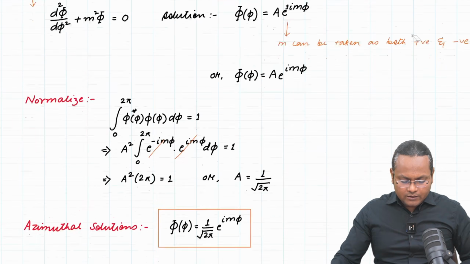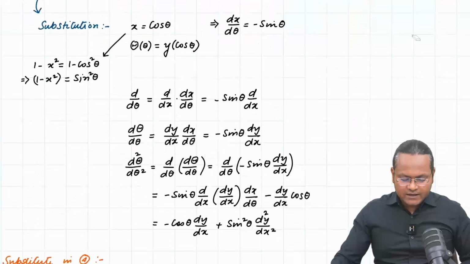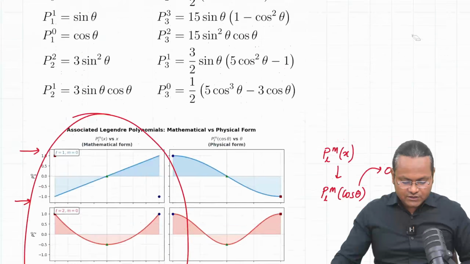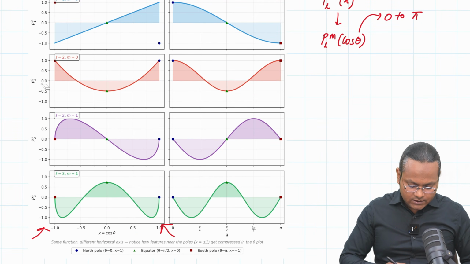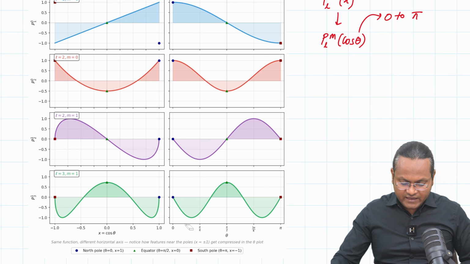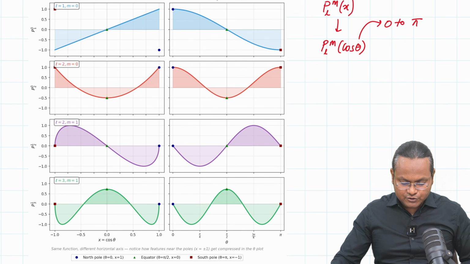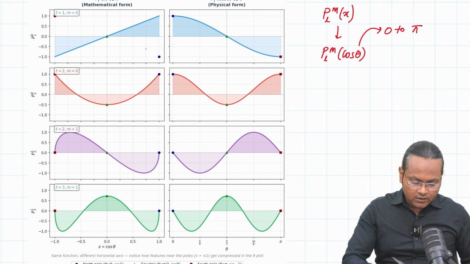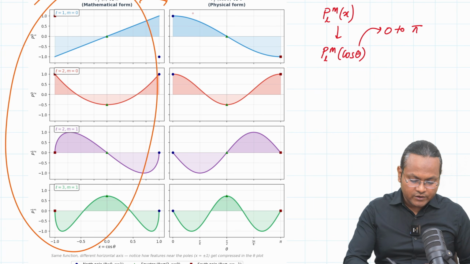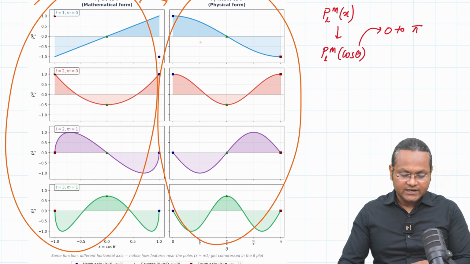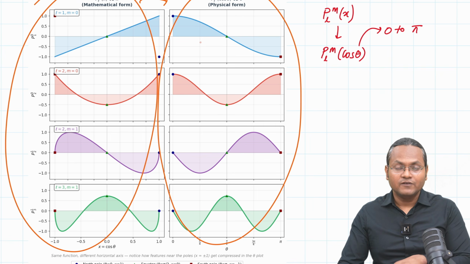When I transform the standard associated Legendre functions in terms of x to in terms of theta, there is a slight modification in the plots. I hope you can see this from the visualization here. These are the original associated Legendre functions and their corresponding associated Legendre functions in terms of theta.